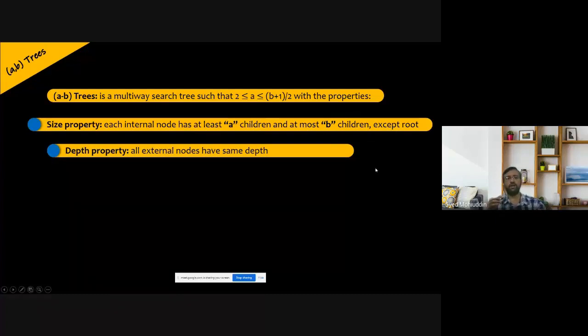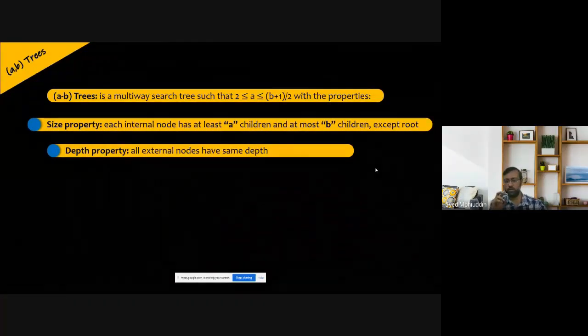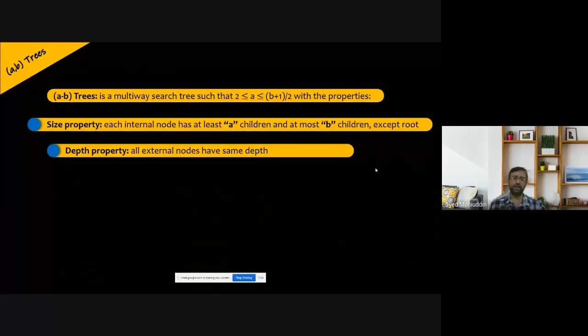The other property is the depth property, that all external nodes have the same depth. Now, using this depth property, we can guarantee that the AB tree will be a balanced tree. So when all the external nodes are at the same depth, it means the heights of the left as well as the right subtree are equal.